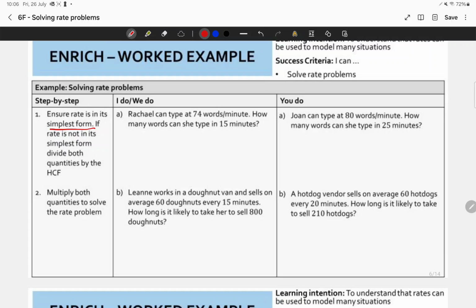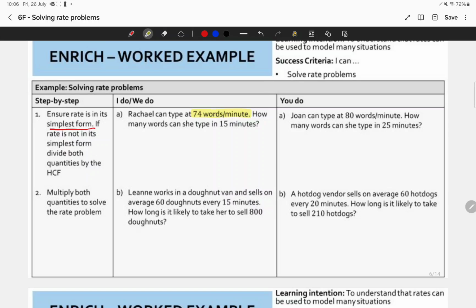So when we have this, we're saying Rachel, oh, that's my wife. Rachel can type 74 words per minute. So it's per 1 minute here. So that is indeed the simplest form, okay? 74 words per 1 minute.